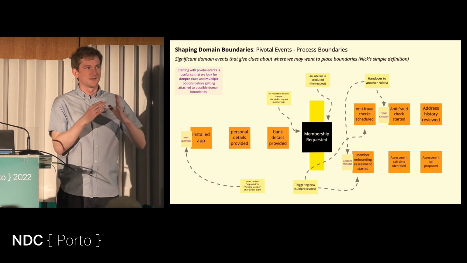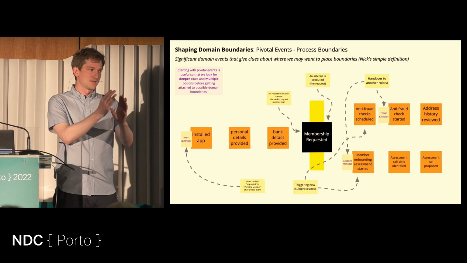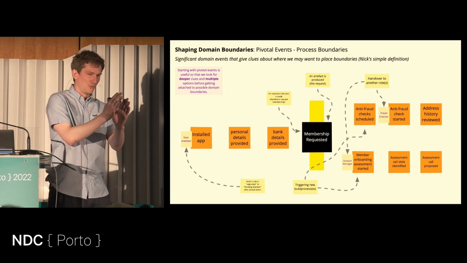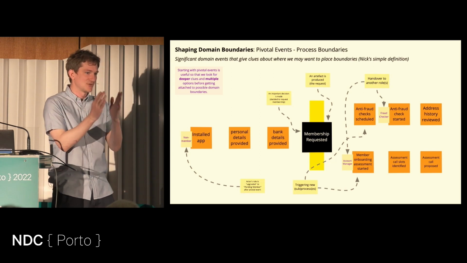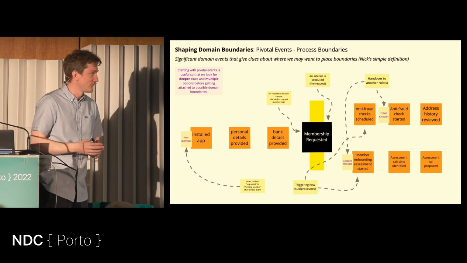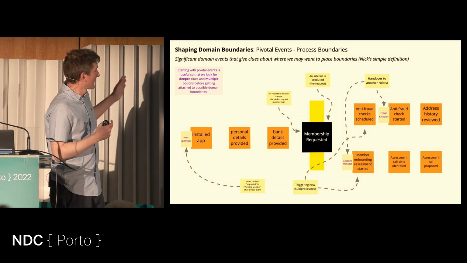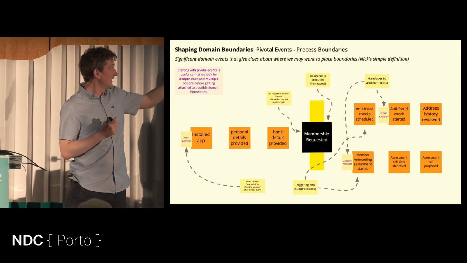I would say the simple way of looking for a pivotal event is where one sub-process ends or another one starts. It's not always clear where something starts and stops, but generally, if you look for that, you'll end up in the right places. So we've got this example here, and I've highlighted membership requested as a pivotal event.